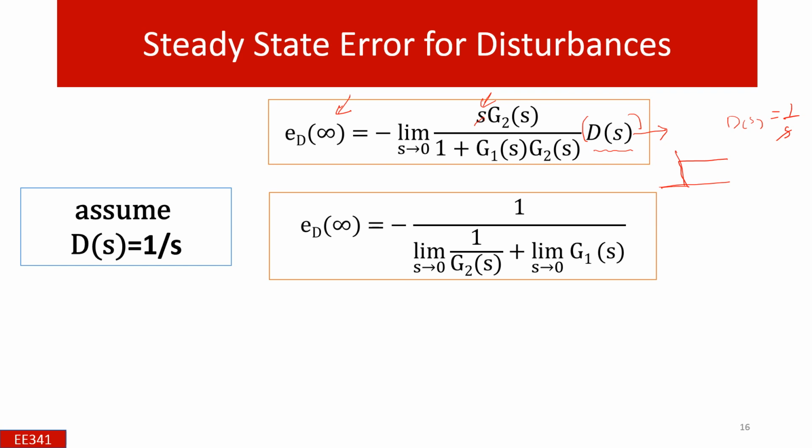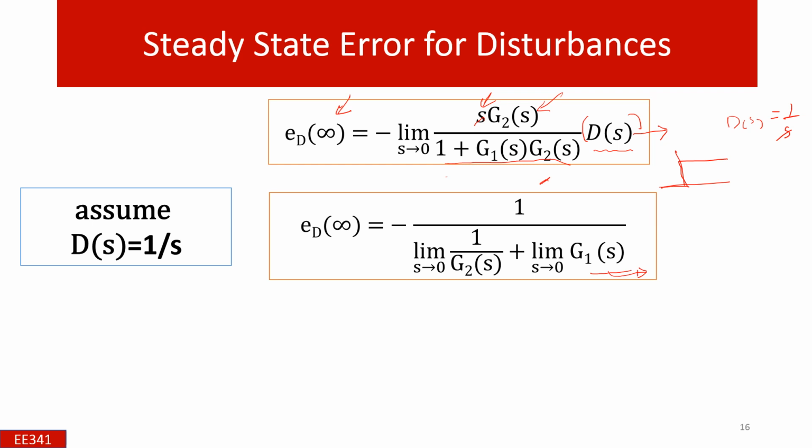If we divide by this G2 of s here, then we find 1 over G2 of s, plus this G2 of s is cancelled with this G2, and we have only G1 of s. So this is a very important result. G1 of s with the limit of s approaching 0 is the DC gain of the controller, which is some constant value.